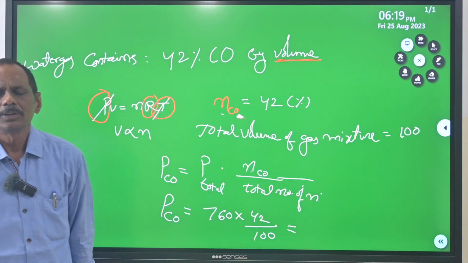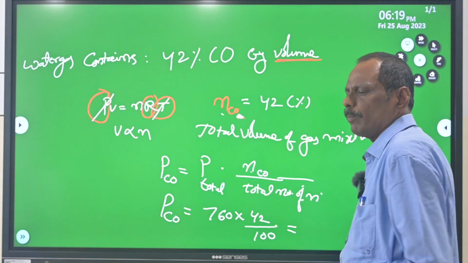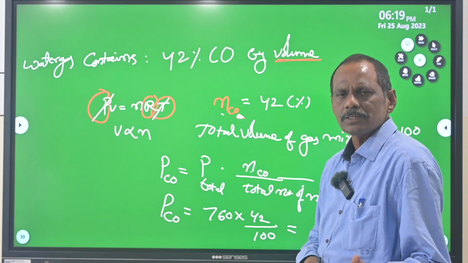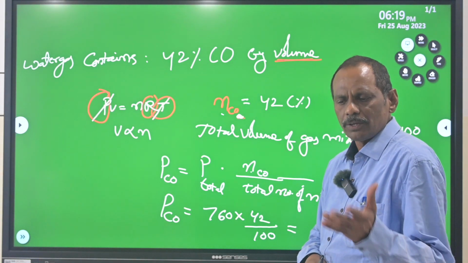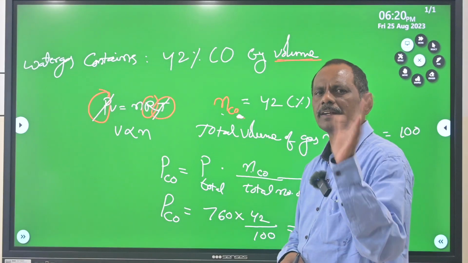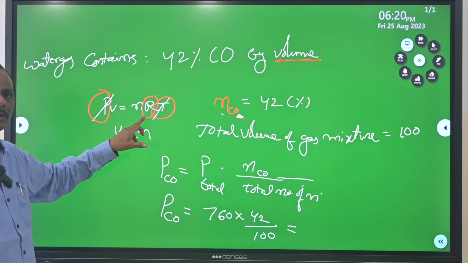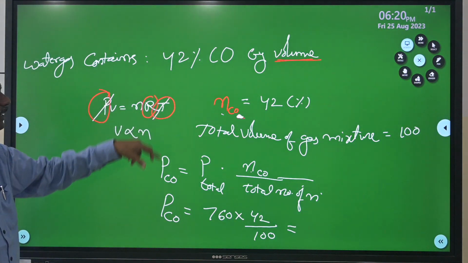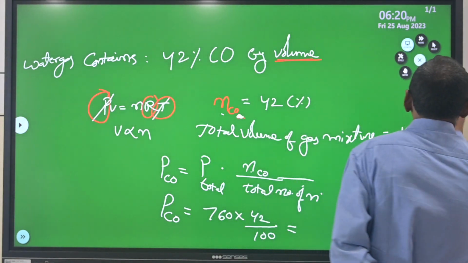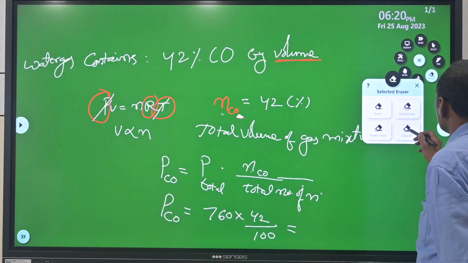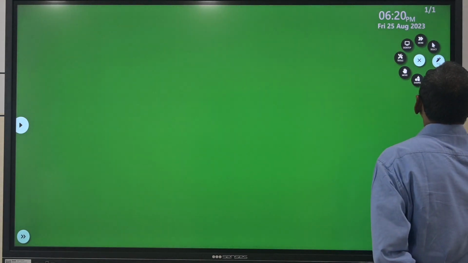So it is a somewhat different problem. Instead of number of moles, the volume fraction or volume percentage is given. So we may take the volume, because the volume is directly proportional to the number of moles at constant pressure and temperature. That's all. Coming to the next question.